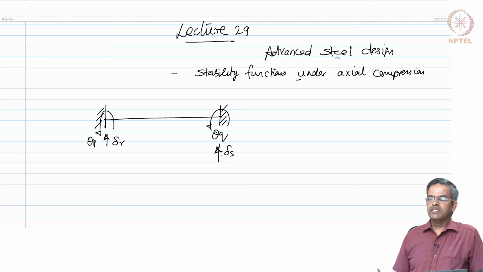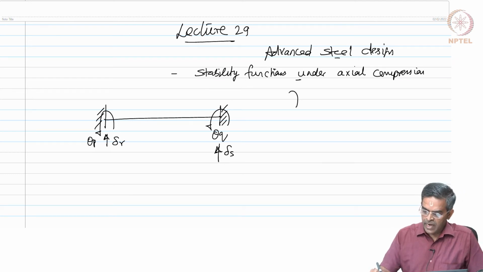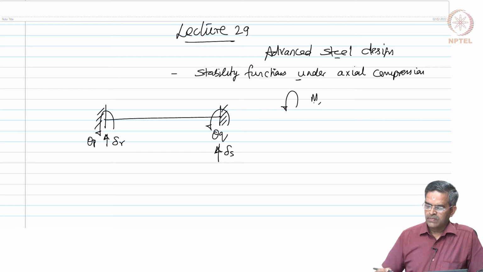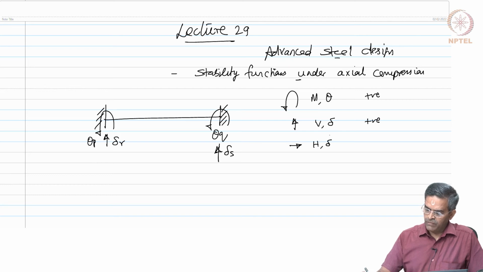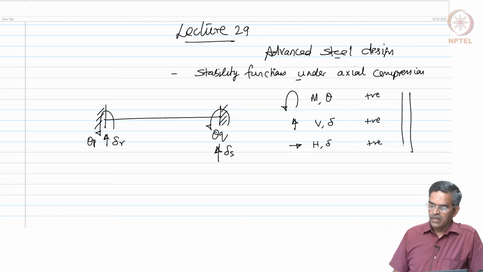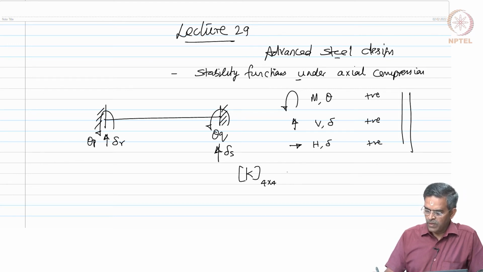We have used a specific sign convention that anti-clockwise moments and rotations are positive, shear and displacements upward are positive. Similarly, along the x-axis, displacement and forces will be positive.